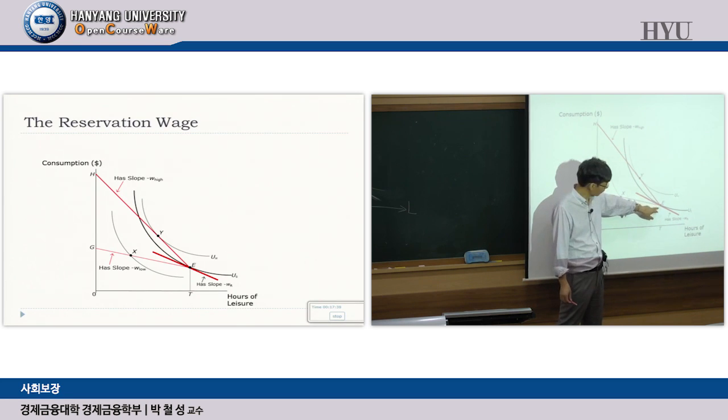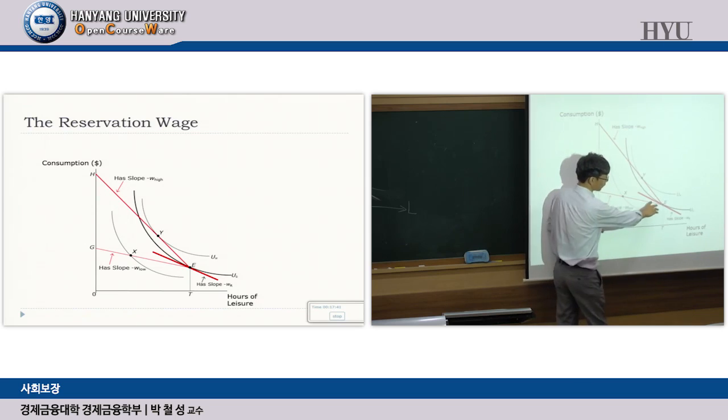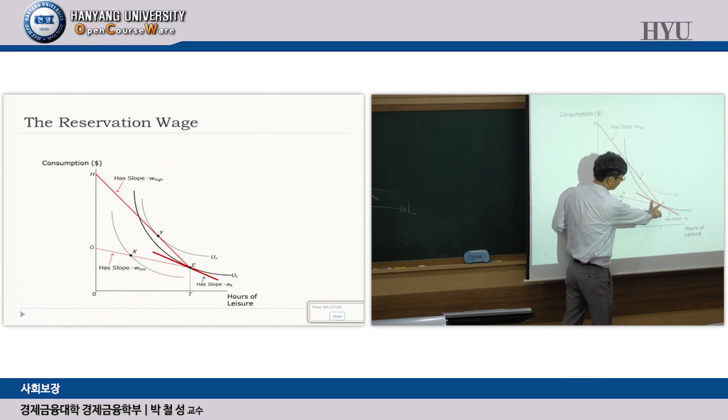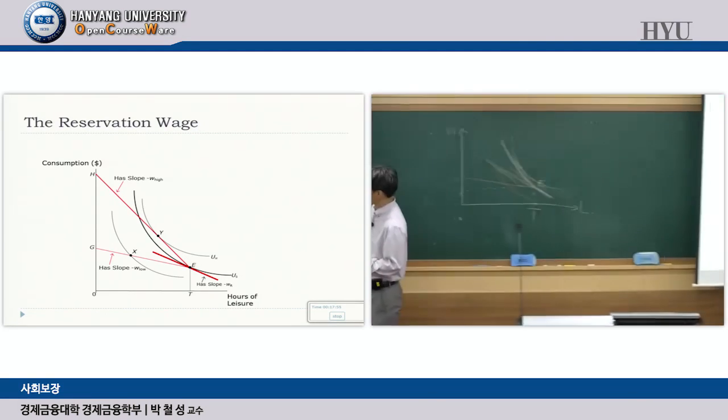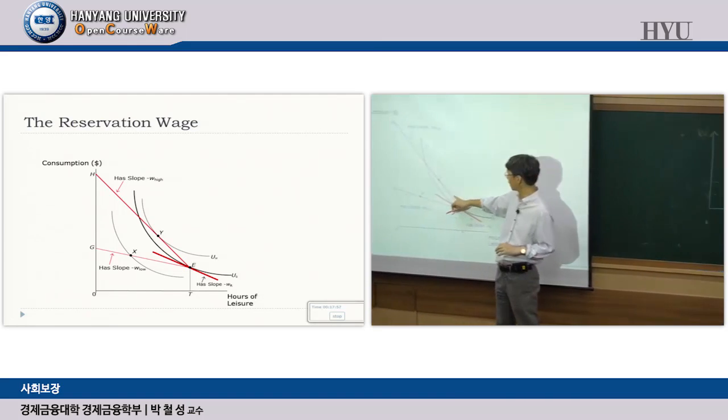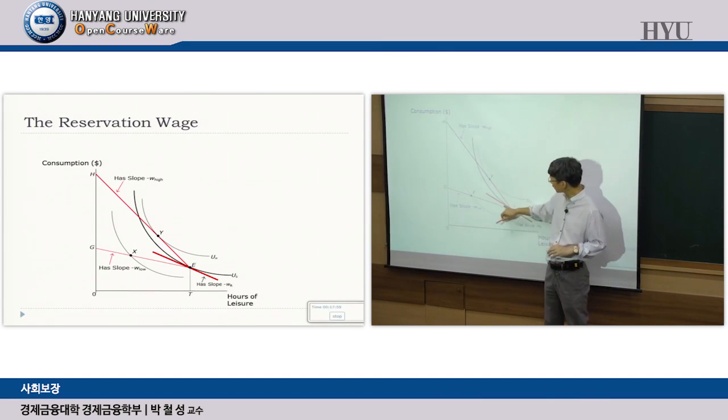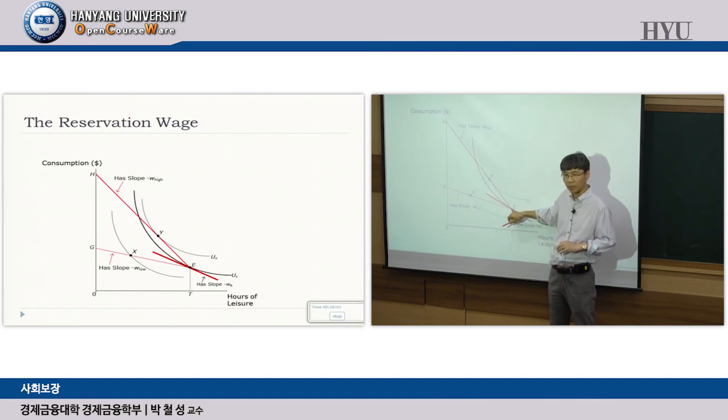Okay? So if you just twist a little bit and make it steeper than this one, then you'll find that person is going to work. And if you make it a little flatter than this one, then this person will surely not work. Like this one not working, like that one working. So this line actually gives us the reservation wage for that person.